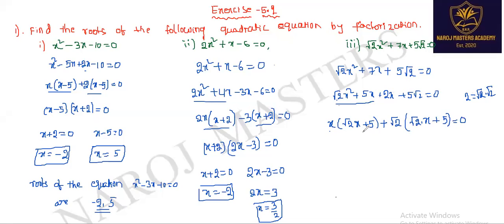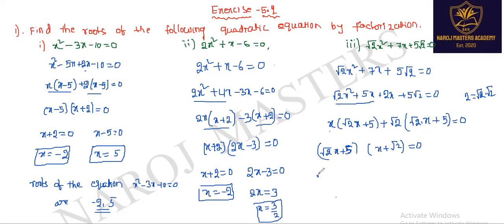So again root 2x plus 5, take common from both the terms. So root 2x plus 5 into x plus root 2 equal to 0. Now root 2x plus 5 equal to 0 and x plus root 2 equal to 0.